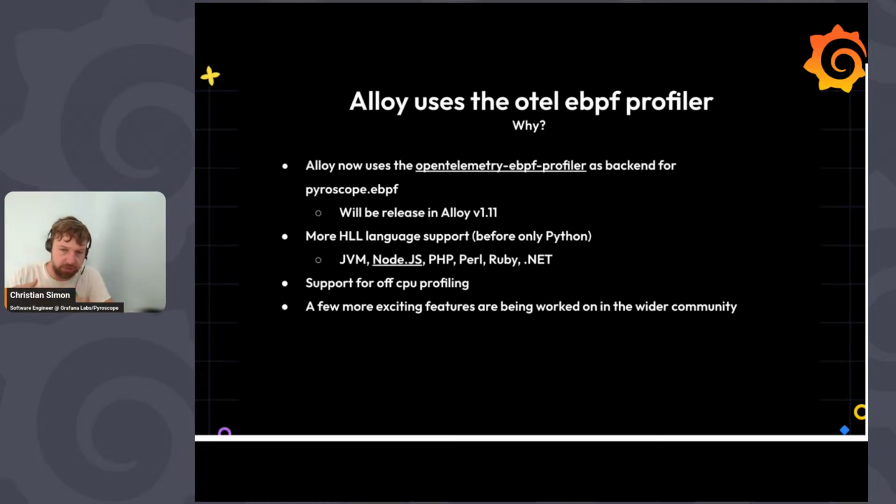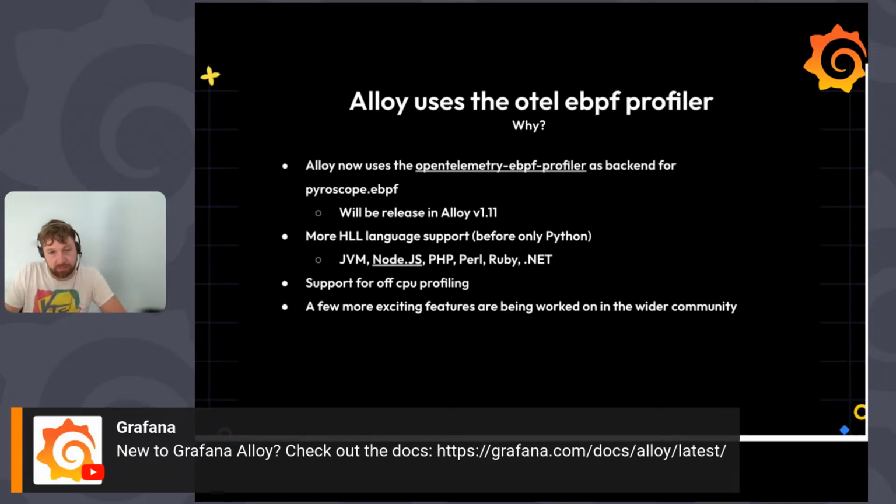We want to go all in on the OTel eBPF profiler, and that has a couple of reasons. That profiler has a lot wider language support. OTel also provides us with a good way of working together with other companies, and multiple vendors can bring their expertise to it. So I definitely imagine it to move a lot quicker than our eBPF profiler.